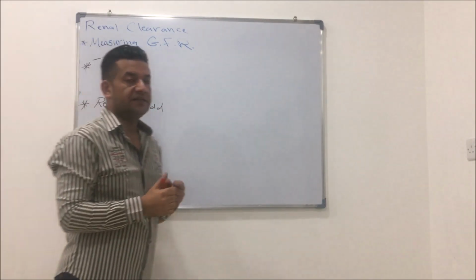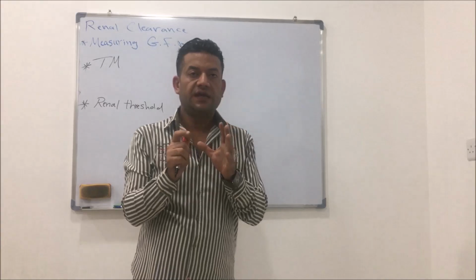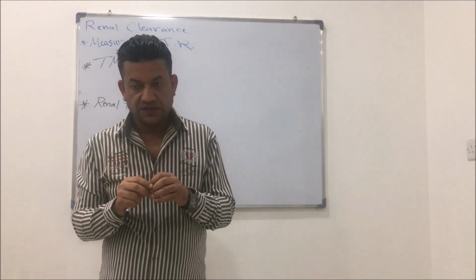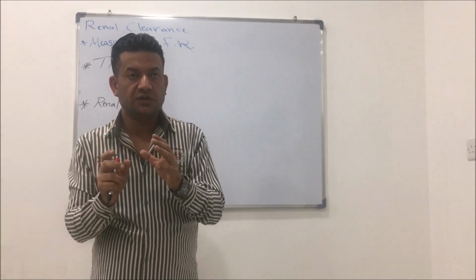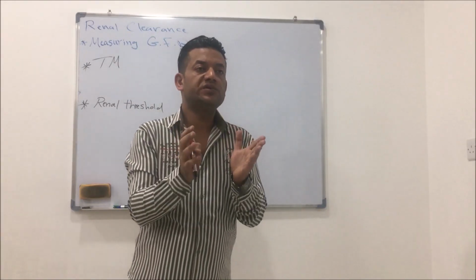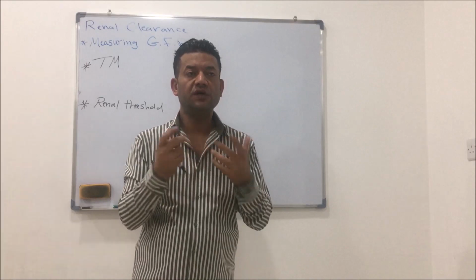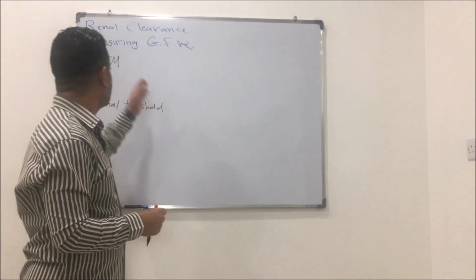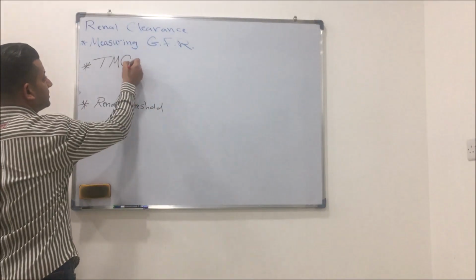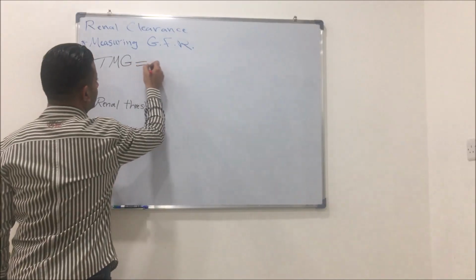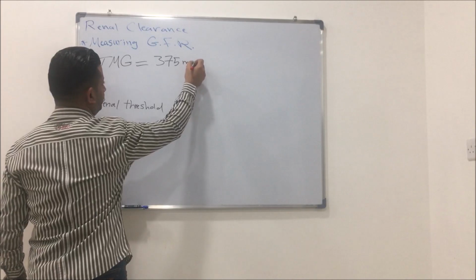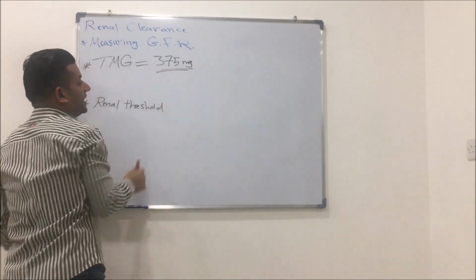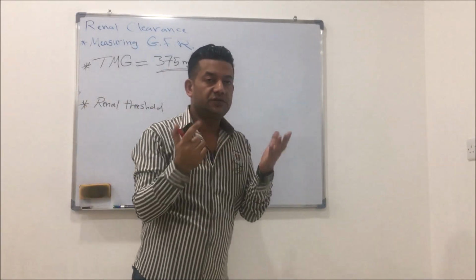Tubular maximum rate means that if a substance is filtered, there will be a specific limit of concentration to which the renal tubules can reabsorb that substance. For example, the tubular maximum for glucose equals about 375 milligrams, which can be reabsorbed by renal tubules.